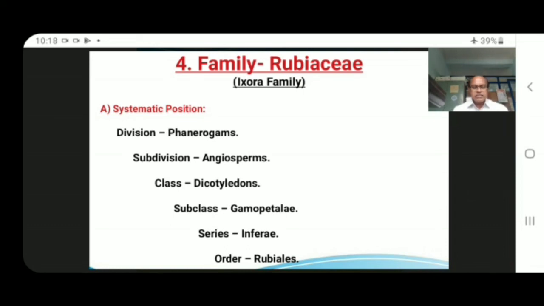The next example of this family is Mussaenda frondosa. The plant having one attractive large sepal is generally cultivated as an ornamental plant. So in this way we have studied common examples and economic importance of the plants in this family. Okay, thank you.